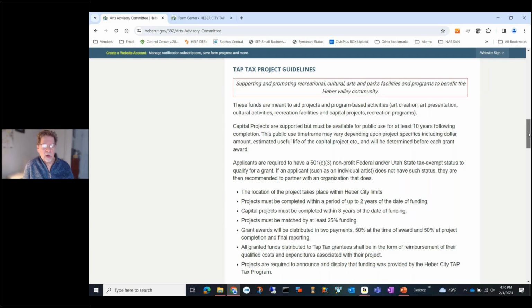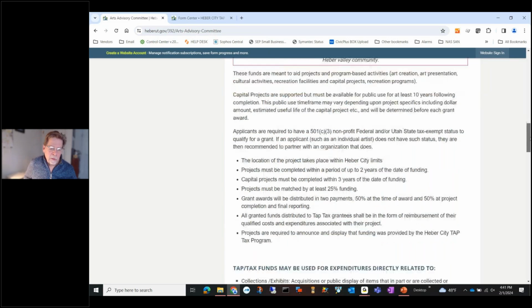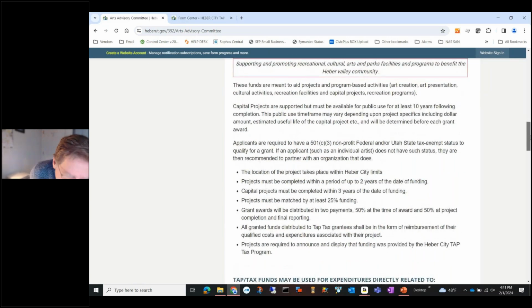Grant awards will be distributed in 2 payments: 50% at the time of the award, and 50% at the completion and the final reporting. Commensurate with that, granted funds are distributed in the form of reimbursement. So there's no front loading of money. We don't hand you a bag of cash and say good luck.